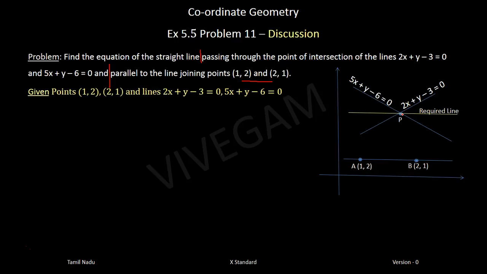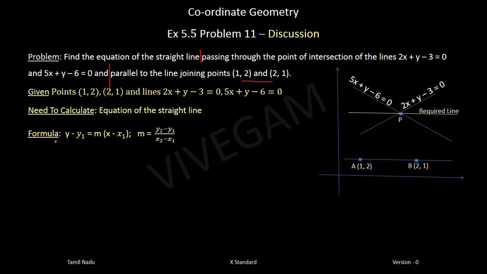Given the two points and the two lines, we are asked to calculate the equation of the straight line which passes through this point of intersection and is parallel to this line. Using the slope point form, we will be able to calculate it.